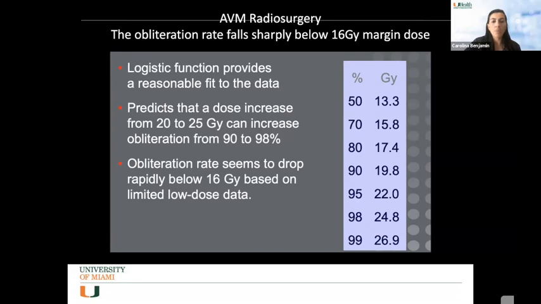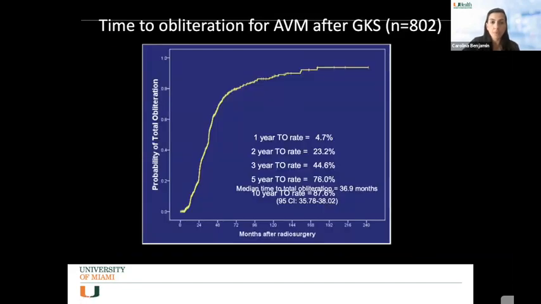So when you're treating these, you have to get to a volume where you're able to push the dose past 16, and that's where the staging comes in. An increase from 20 to 25 grays can continue to increase the obliteration from 90 to 98%. That's significant, but you're getting to high doses, and doses in the 20s are going to be difficult for these large volume AVMs.